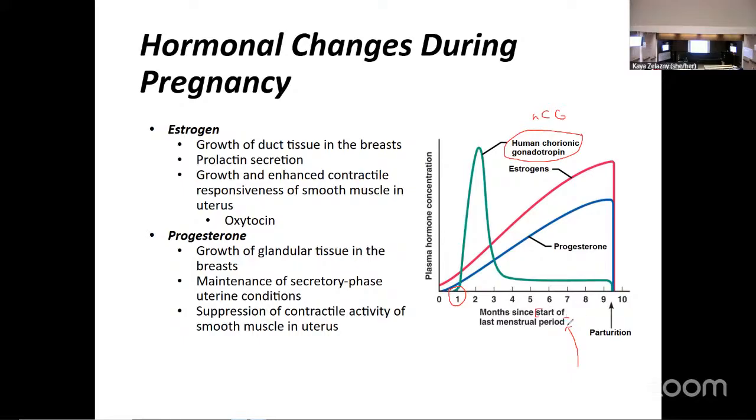Okay. So an important thing to realize when you're counting days or weeks or months that someone's been pregnant, we are not counting from fertilization, which theoretically should be happening around ovulation. So around day 14 of the menstrual cycle. So about 2 weeks in to the menstrual cycle. We count from when the last menstrual period started.